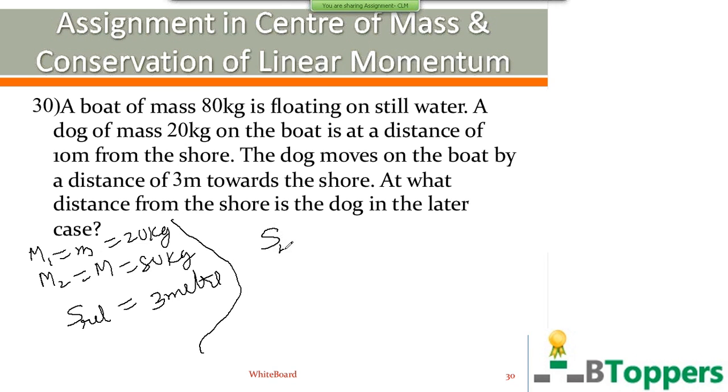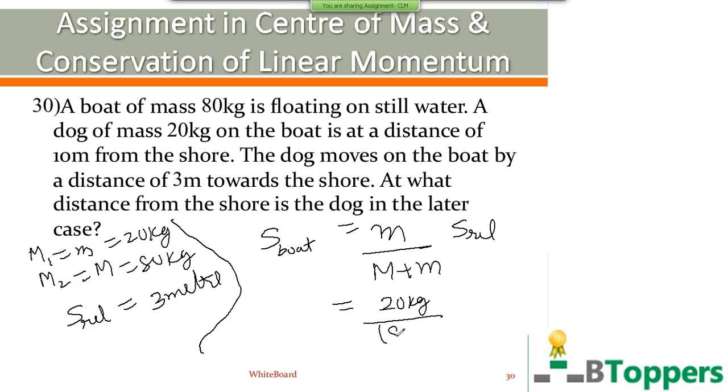The magnitude of the actual displacement of the boat, as I discussed in one of the special cases, is equal to small m divided by capital M plus small m, into the magnitude of the relative displacement. Small m is the mass of the man, or here the dog, that is 20 kg.